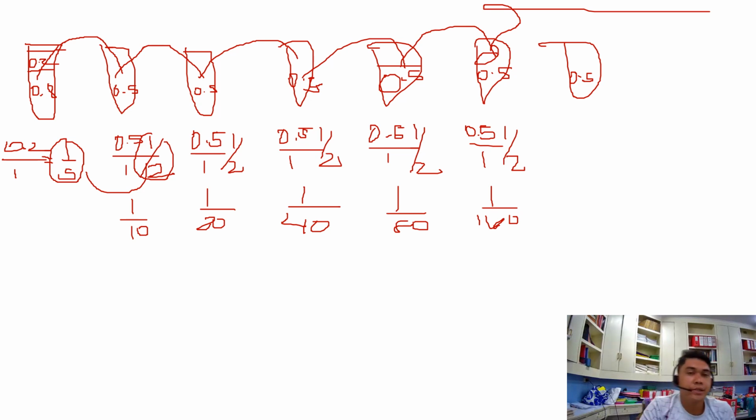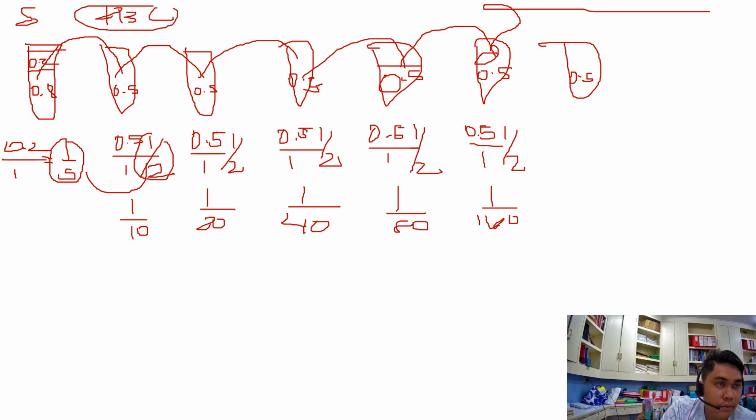Then after that, you need to add RBC suspension. 3% RBC suspension. You'll use serum and RBC suspension from the same patient. So you need to prepare serum and RBC suspension.